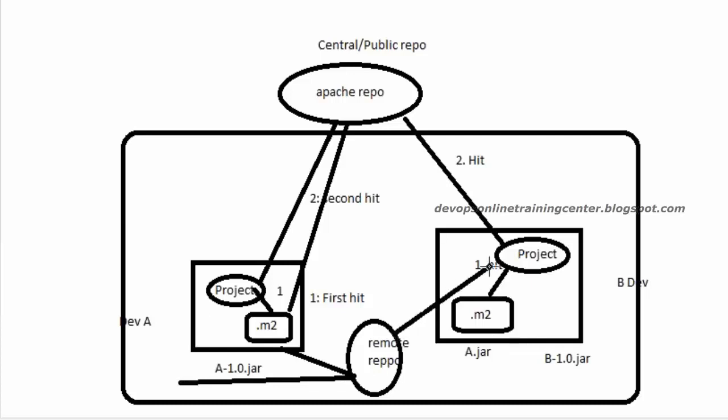My Maven will look into the shared repository. This is called a third repository, and your Maven by default will hit it as the third priority. So this is going to be your third hit.